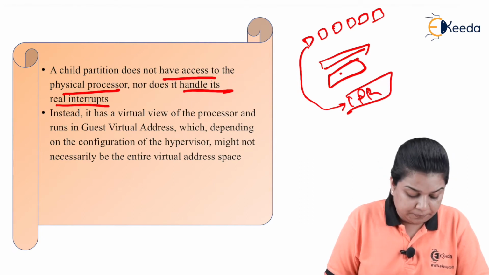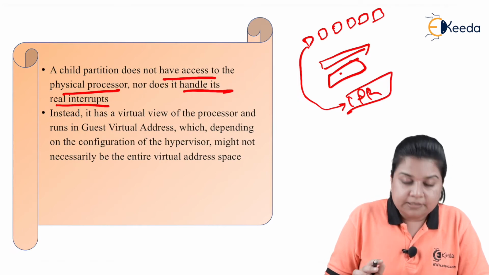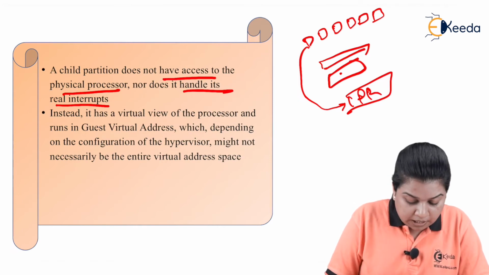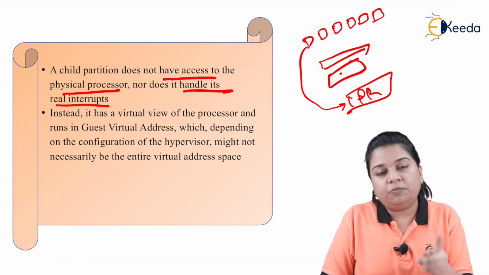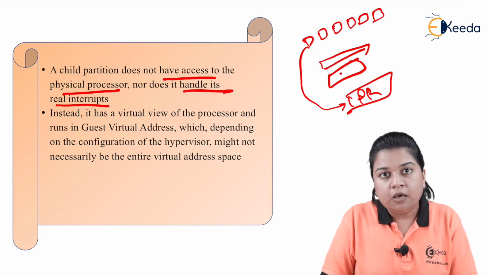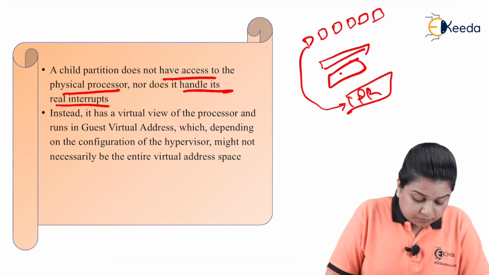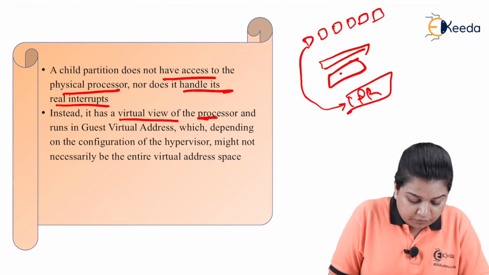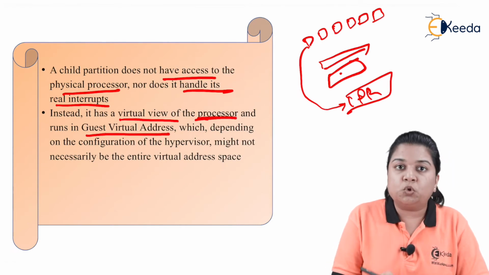Neither does it handle the real interrupts, that means the interrupts which occur in real time on the physical system. Instead, it has a virtual view of the processor and runs in a guest virtual address space.